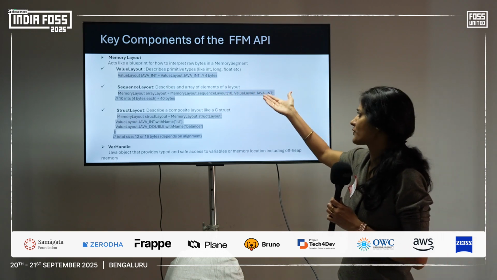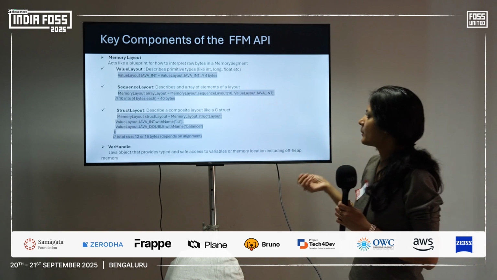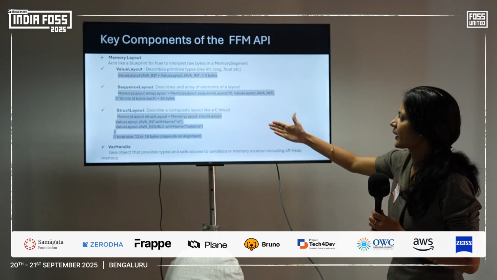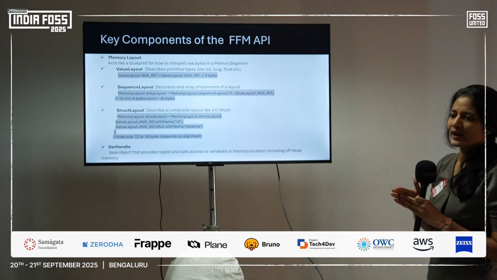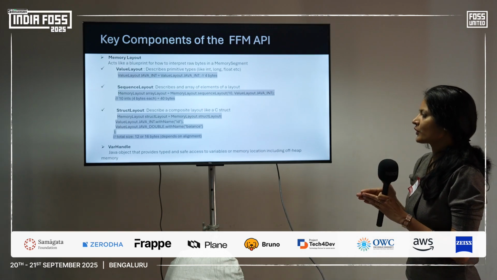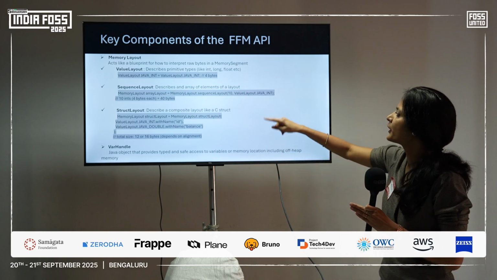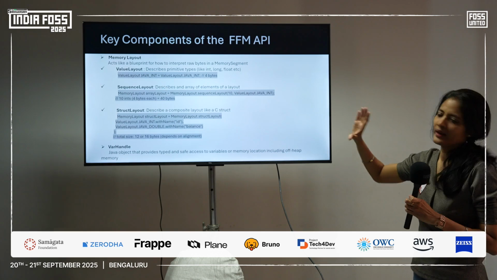Value layout is for primitive types, sequence layout is for an array of elements, and the struct layout is the same as a C structure. And then you have something called the VarHandle, which is short for variable handle. It's kind of a pointer which can access the different variables defined inside a memory layout.